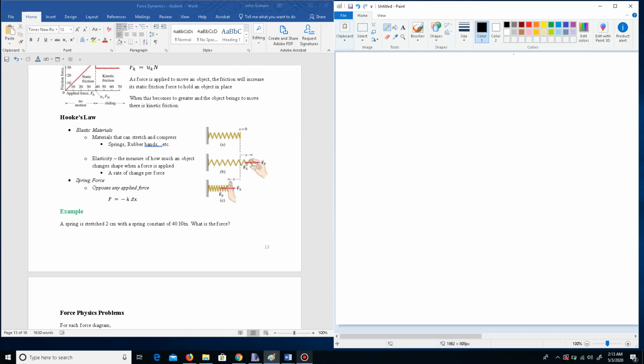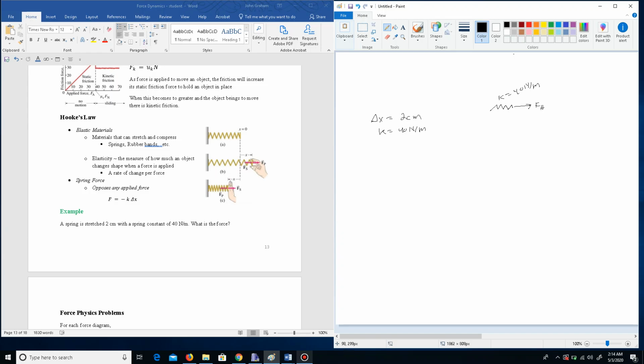That's how much you compress it or stretch it. So we stretch a spring by 2 centimeters, so delta x equals 2 centimeters. We're taking the spring and pulling it out, so there's an applied force. And this k for the spring is 40 newtons per meter.